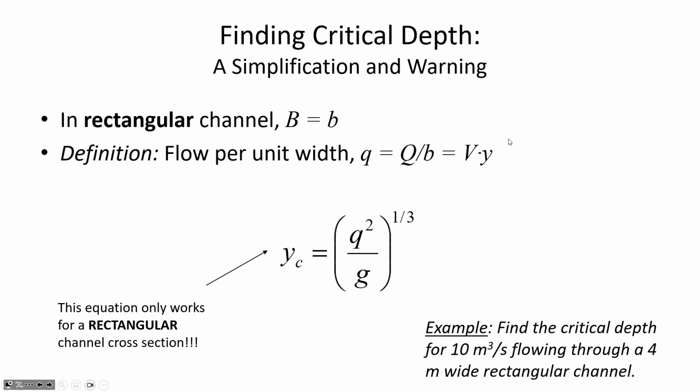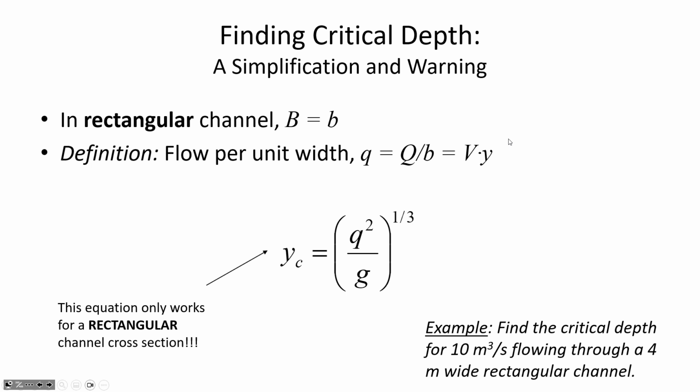So 6.25 meters, let's see, it would be meters to the 4th divided by second squared. And then we divide it by g, which is 9.81 meters per second squared. So that's going to be units of meters to the 3rd, and then we're taking it to the 1/3 power.